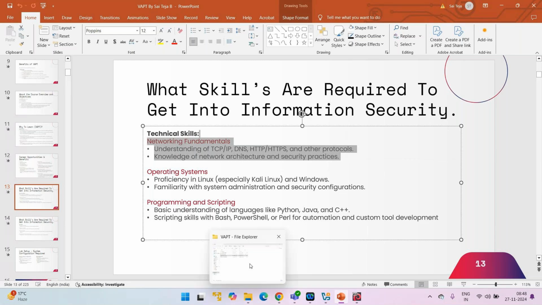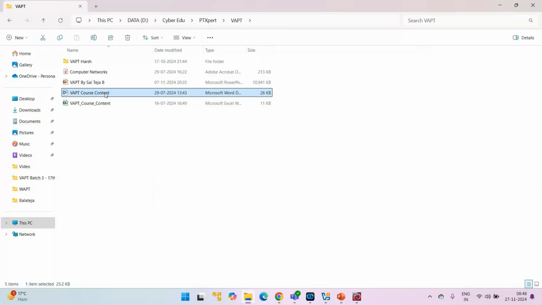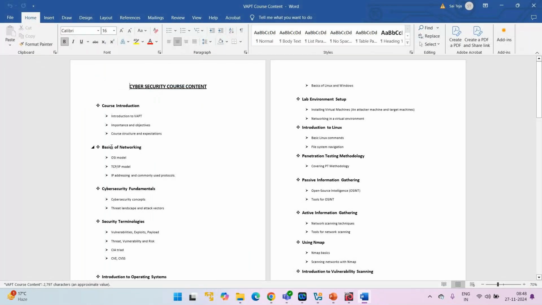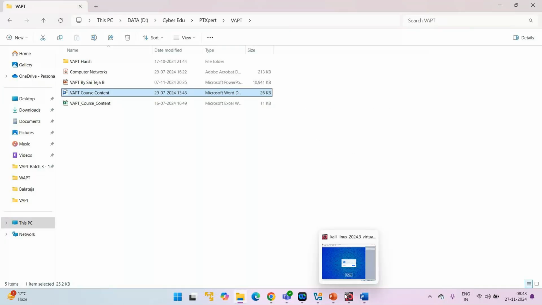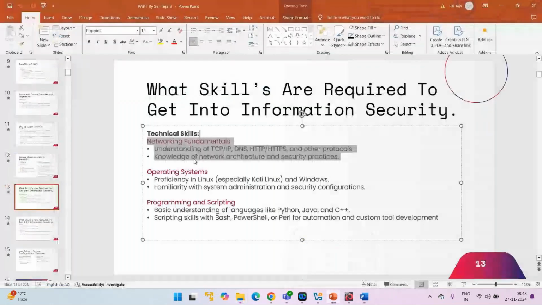You can see, basics of networking. I have all the resources. I can also share all the resources with you, and I will also explain these networking related topics. Whenever something is required from the networking point of view, I'll also be covering it. Basic networking, guys. If you have theoretical knowledge, that's fine.